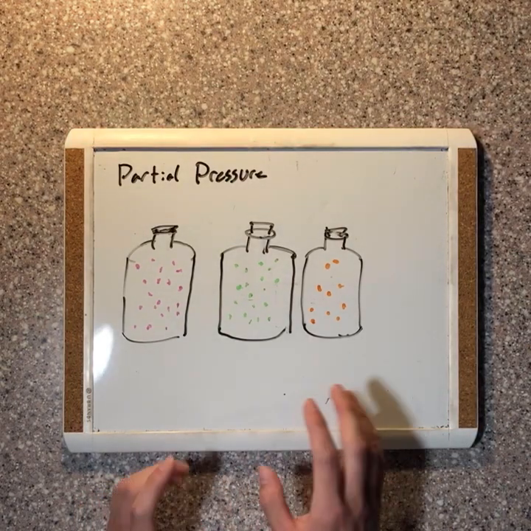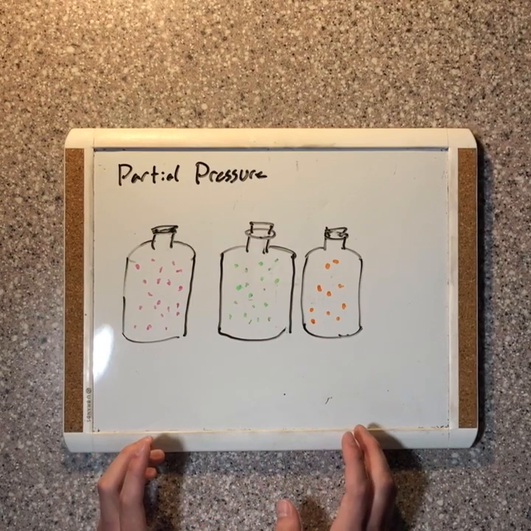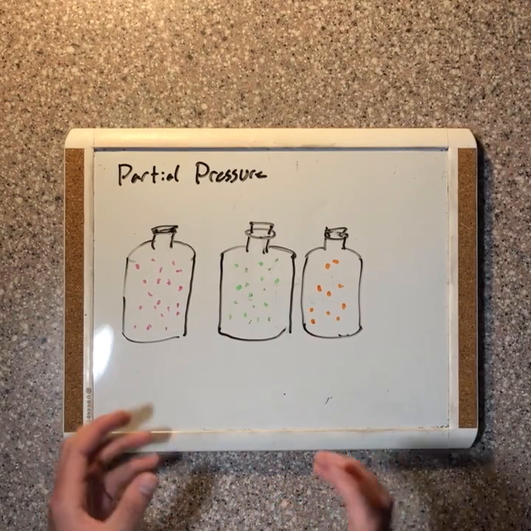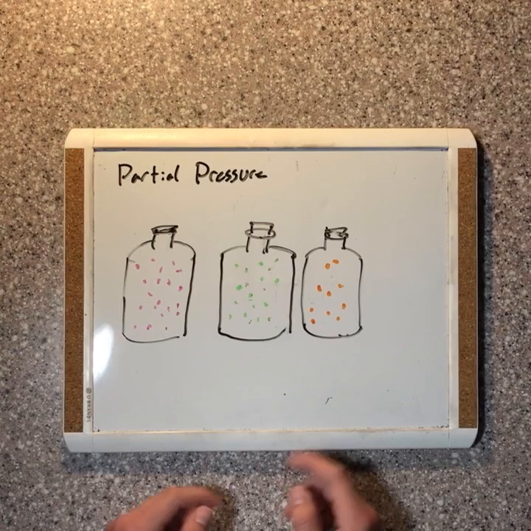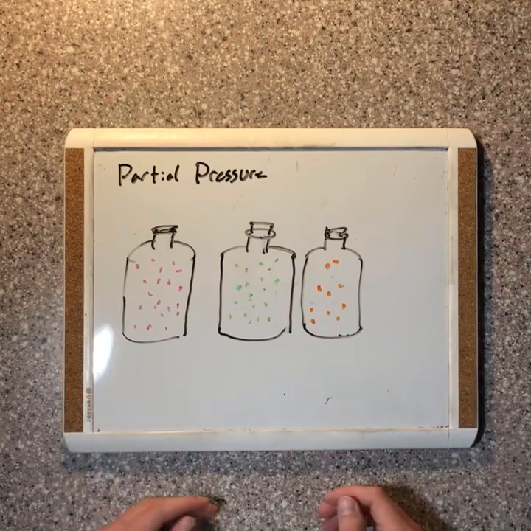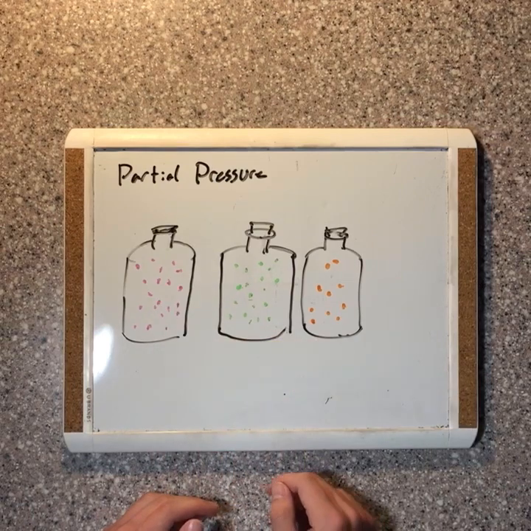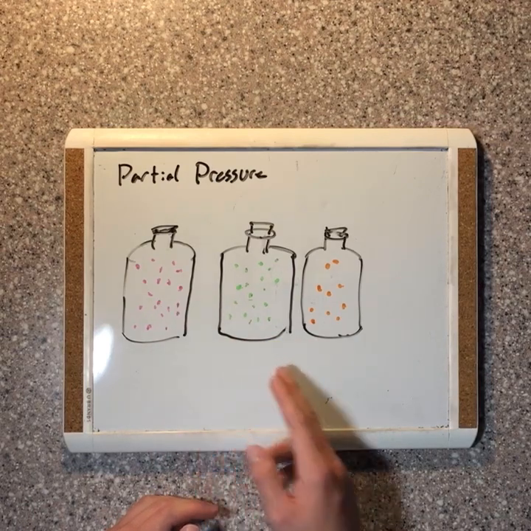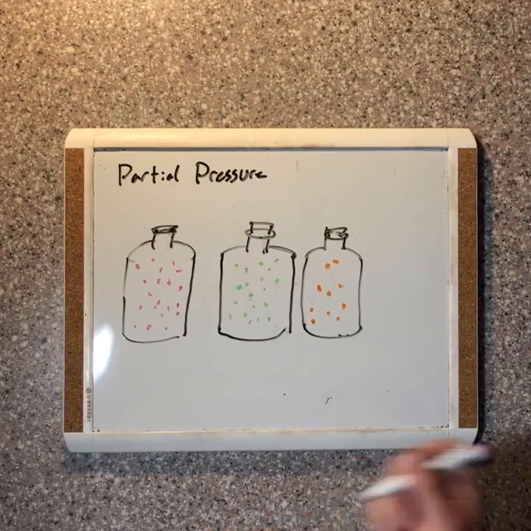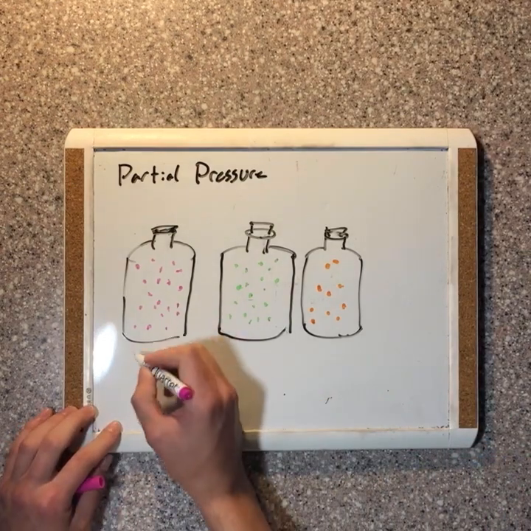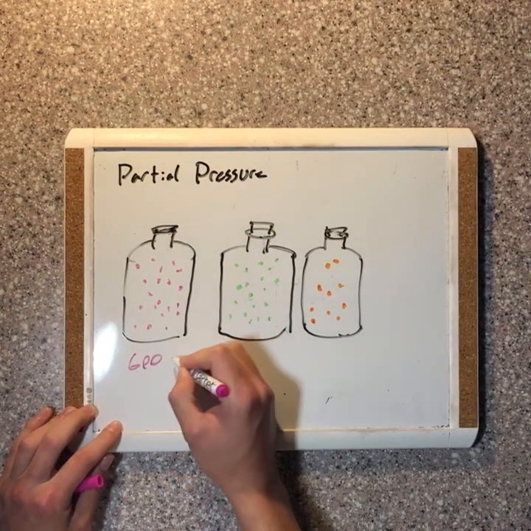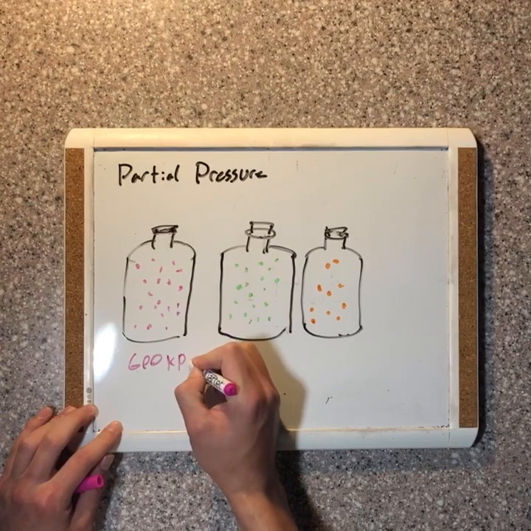So what do we make of pressure when we have a lot of different masses and different kinds of molecules all competing in the same space? So what I have here are 3 containers filled with 3 different gases. They each have a different pressure. So let's say that this one has a pressure of 600 kilopascals.